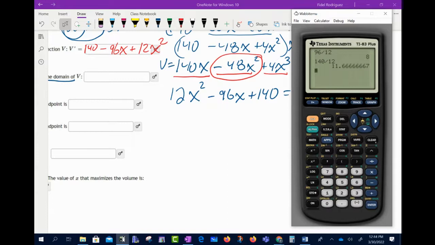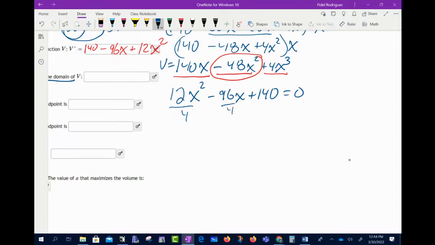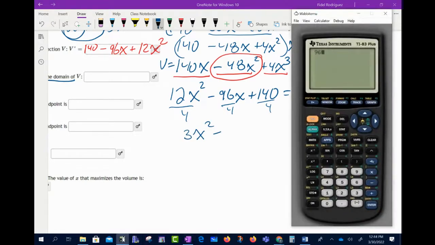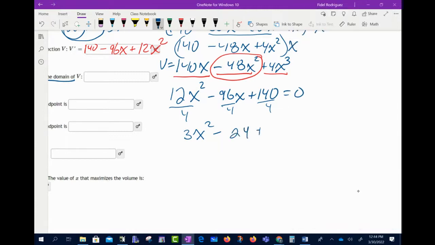Yeah, so that's not going to work. All right, so let's try dividing them all by 4. If we divide them all by 4, that's going to give me a 3x squared. 96 divided by 4 is 24, very good. What about 140 divided by 4? 35, perfect. Oops, I forgot my x right here.